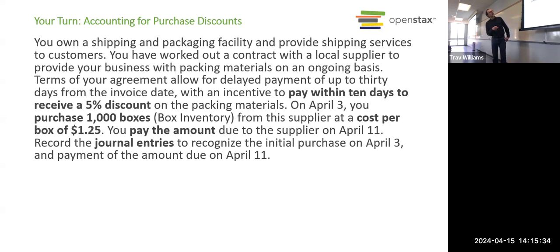Let's see, if we made the purchase on the 3rd of April, we paid on the 11th, and the terms were, we had 10 days, we got the discount, right? 3rd to the 11th, that's only 8 days. So we get the 5% discount. So what we have to do is journalize the original purchase, and then we journalize the payment.